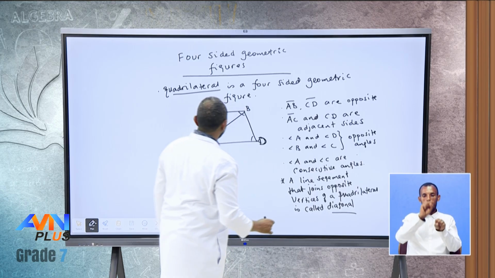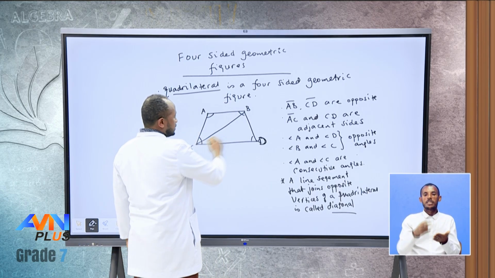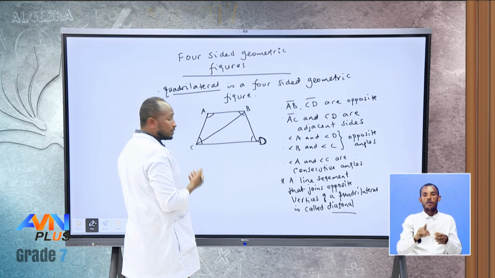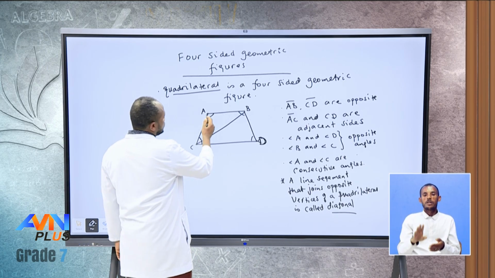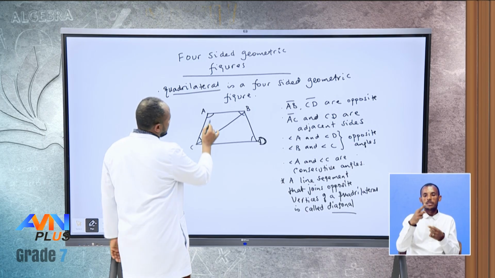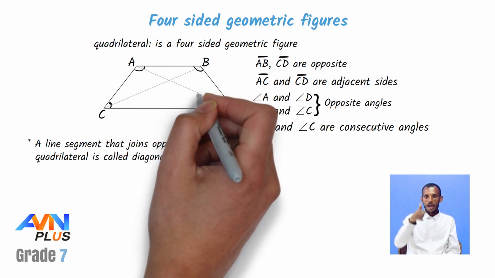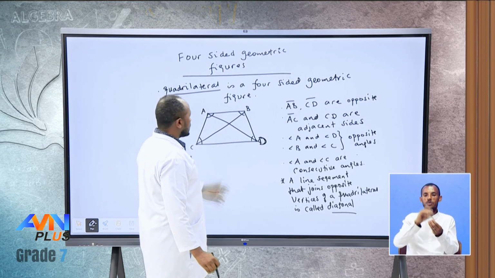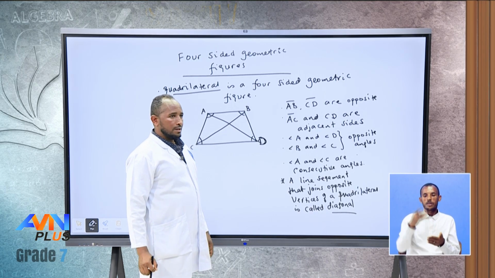So here CB is a diagonal of this quadrilateral. Not only CB, these two, A and D, are opposite vertices of this quadrilateral. Therefore, AD is also a diagonal of this quadrilateral.